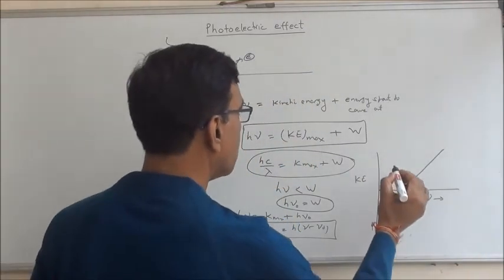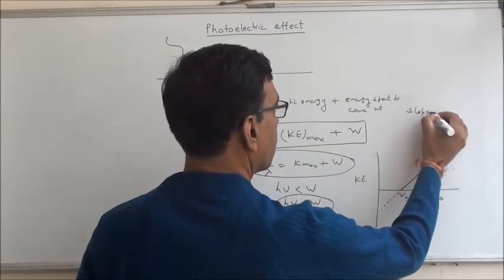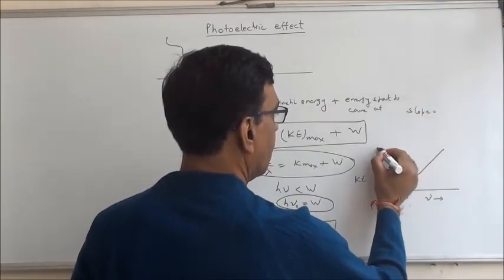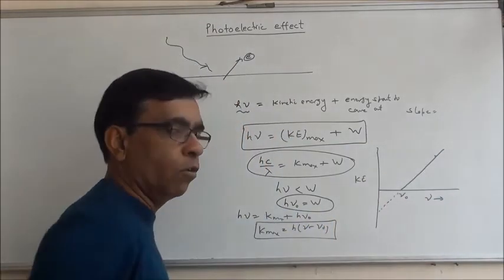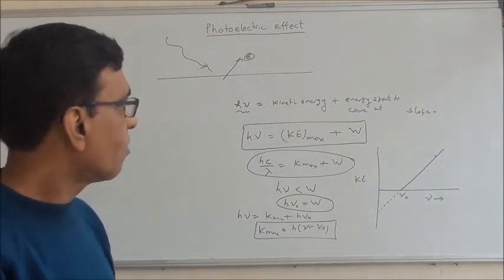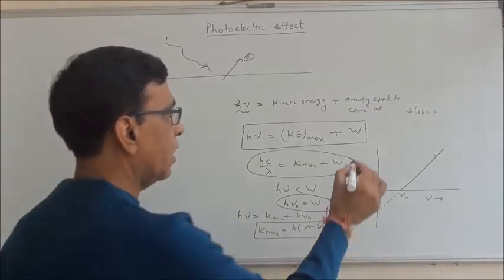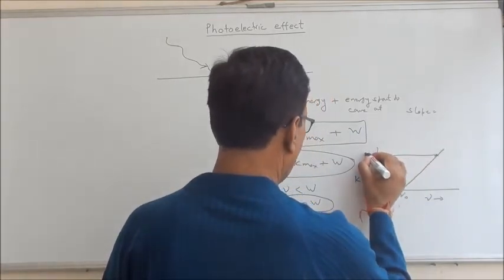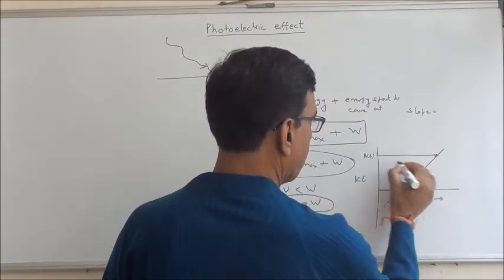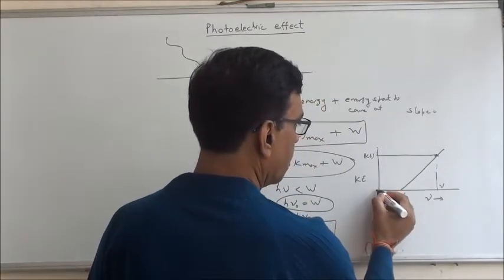What is the slope of this graph? Any 2 points I can take and then find out the slope. Kinetic energy divided by nu minus nu naught. Let me take 1 point. Let us say the kinetic energy has some value at frequency nu, and this is nu naught, this is 0.